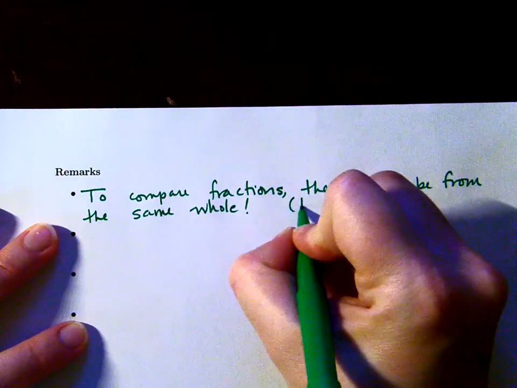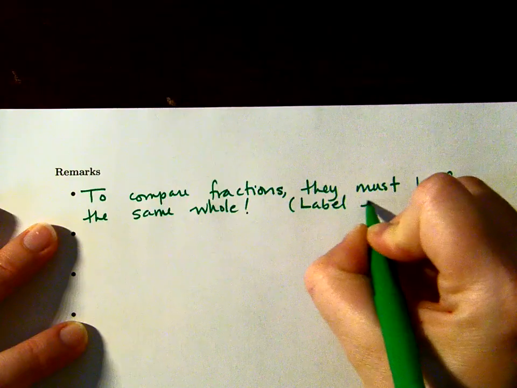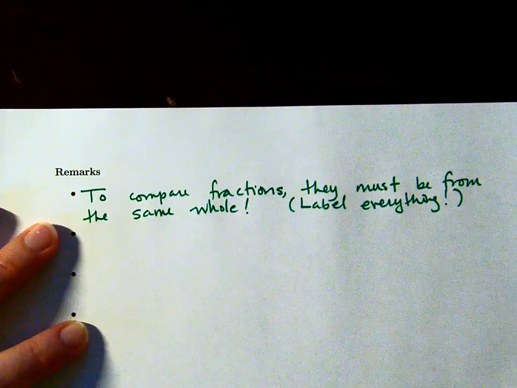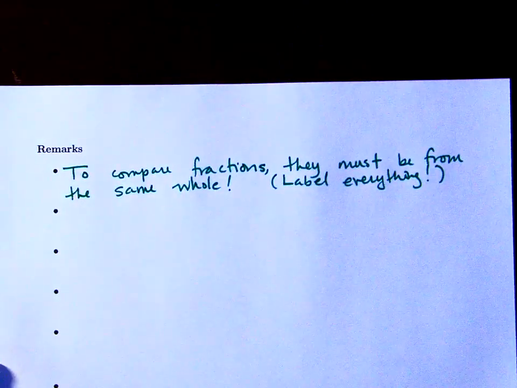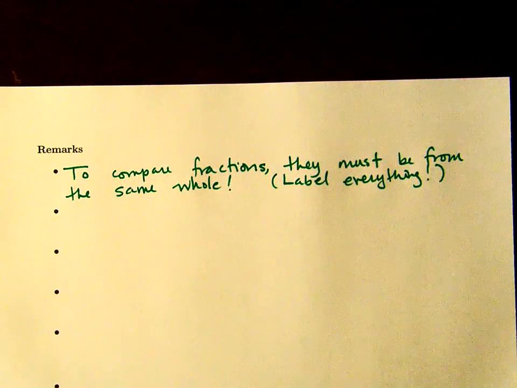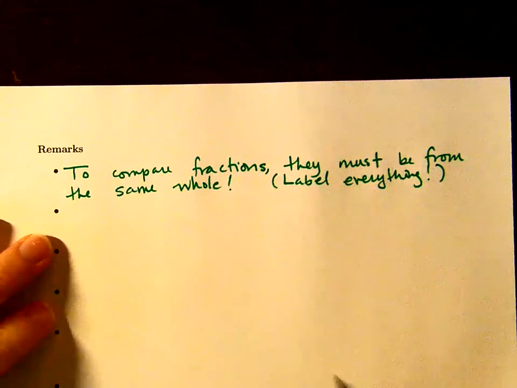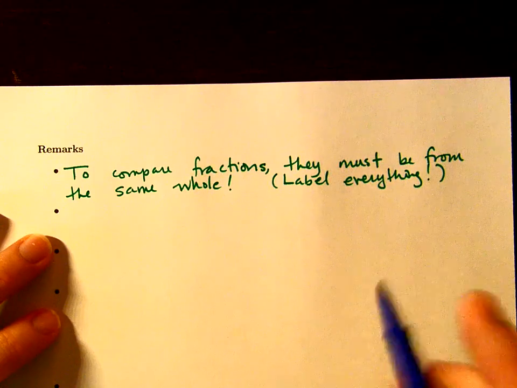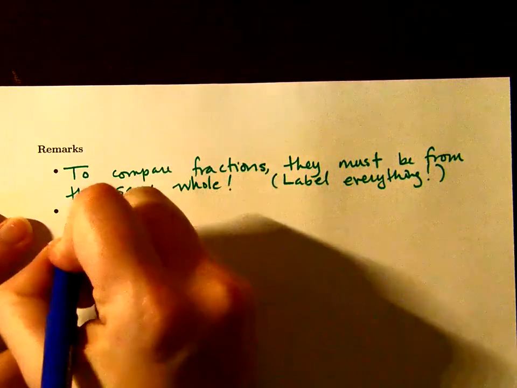Okay, and along with this, I'm going to say it again. Label everything. Know what your whole is. Know what your units are. Next thing that I feel like is remarkable about fractions, portions or measurements must be in equal amounts. A lot of people screw that up.